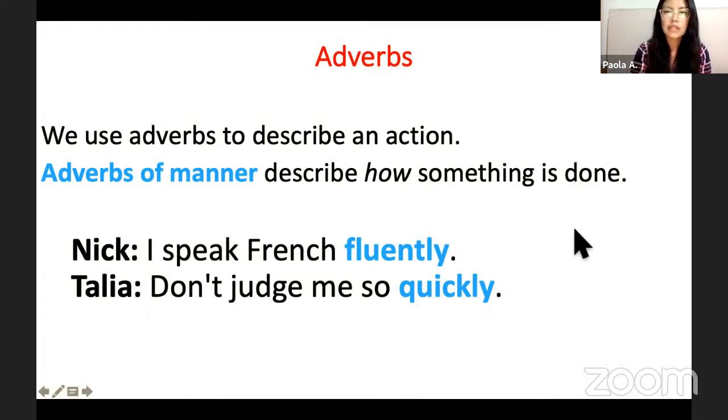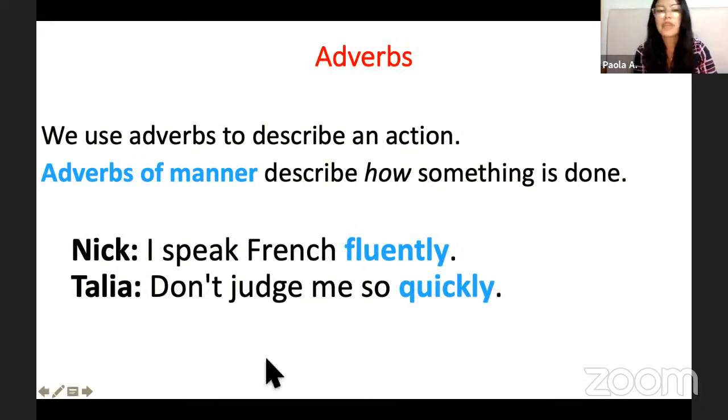In the second example, we have don't judge me, no? That it could be something that we say to someone, right? Don't judge me. But I'm describing this action with this word. Don't judge me so quickly. So this word is helping me to describe what I'm expressing, what I'm talking.